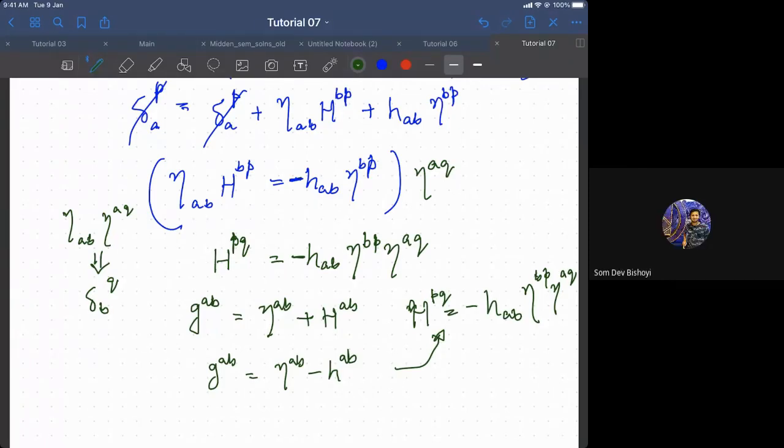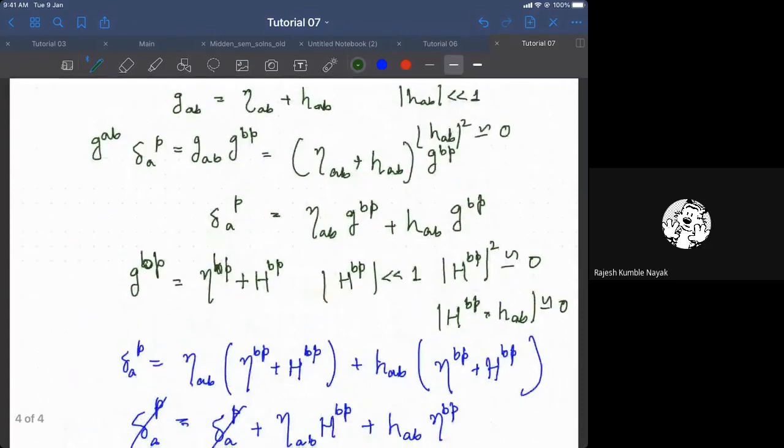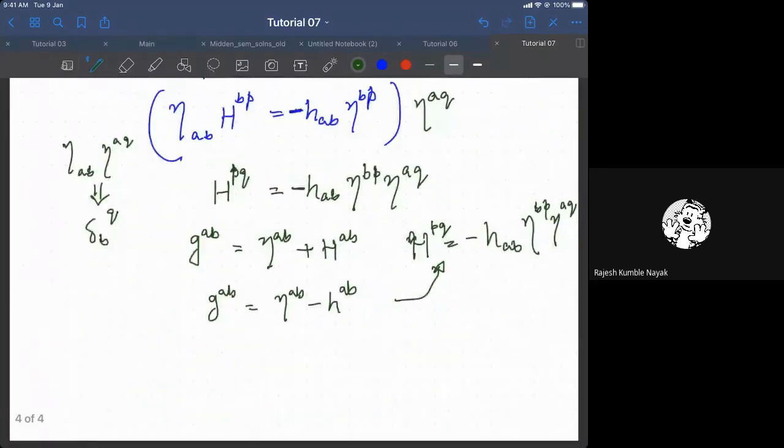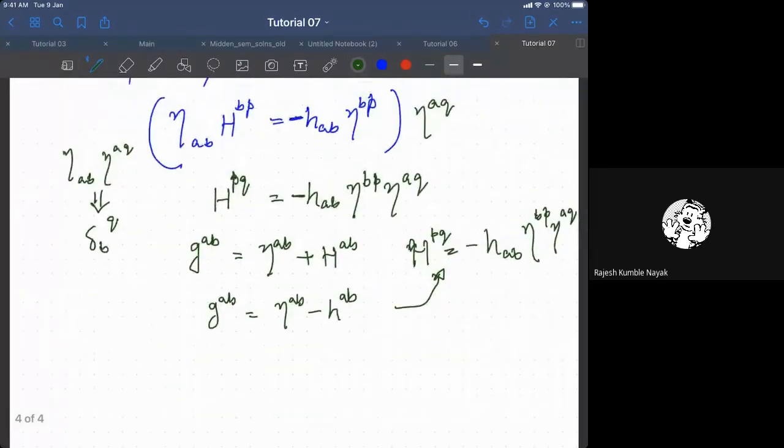Yes, sir. I mean, if HAB is symmetric, then capital H is also symmetric. Yeah, all throughout everything is symmetric here, because otherwise the metric will not be symmetric. So both upper and lower indices of the metric have to be symmetric. So that is somehow built into it.